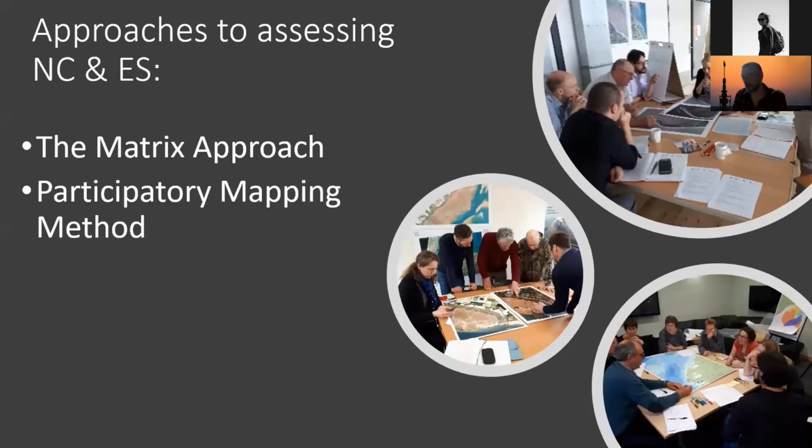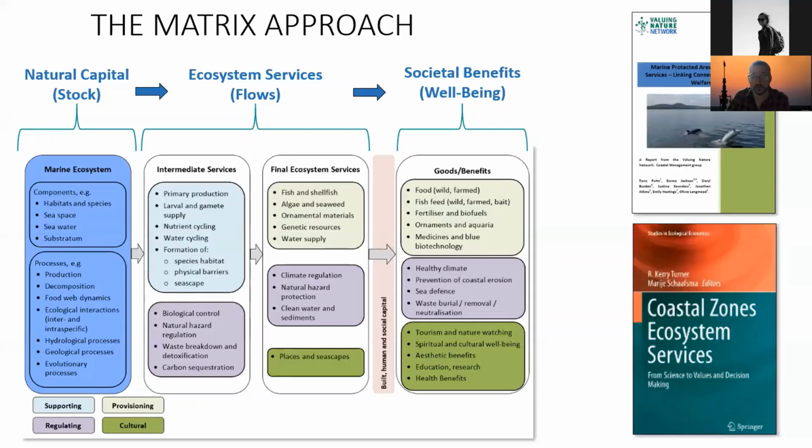The matrix approach is really a method that's pitching at a broader UK level, fitting into sort of the asset register type work and understanding the contributions of particular species and habitats and trying to quantify that. And the participatory mapping method really works at the local scale of working with communities in co-production around understanding natural capital ecosystem services and how they're distributed locally and what that means for communities.